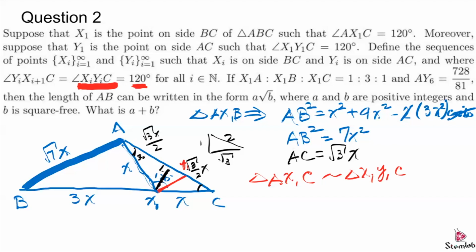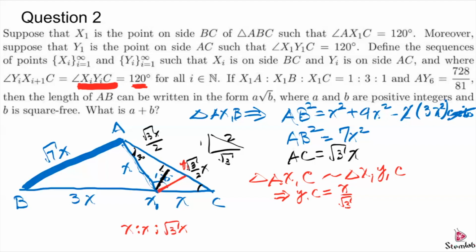This means that Y1C is x over root 3. If that's not clear to you, the sides on AX1C are basically x is to x is to root 3x. So the longest side is root 3x, or the base of the isosceles is root 3x.